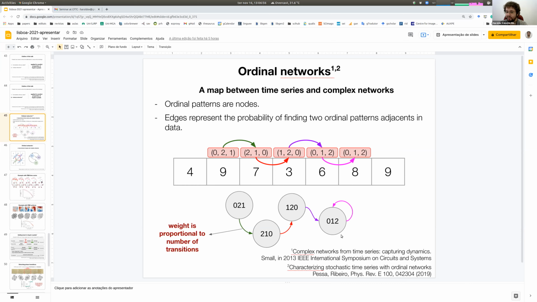More generally, the number of possible nodes in our ordinal network is equal to the number of possible permutations. For a time series it will be the embedding dimension factorial, and for an image it will be the product of the embedding dimension factorials.